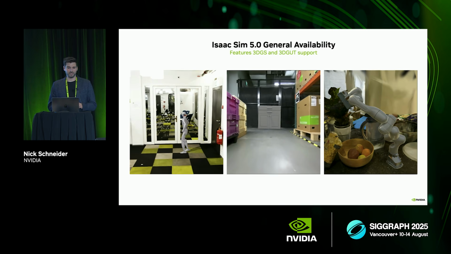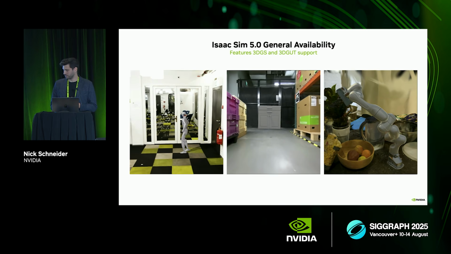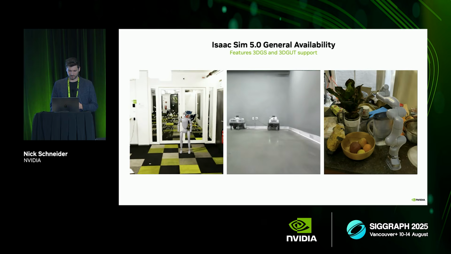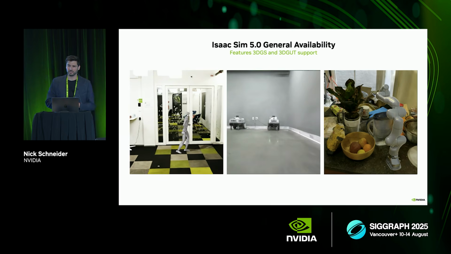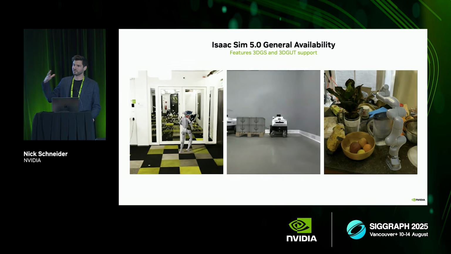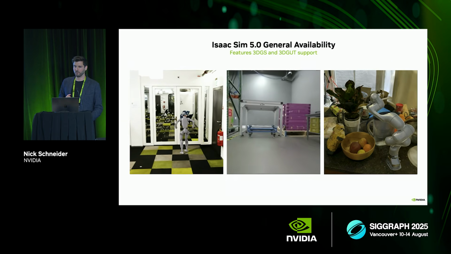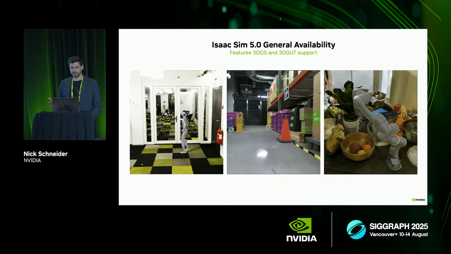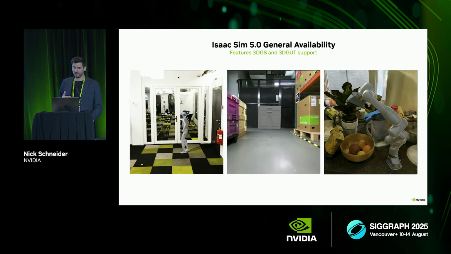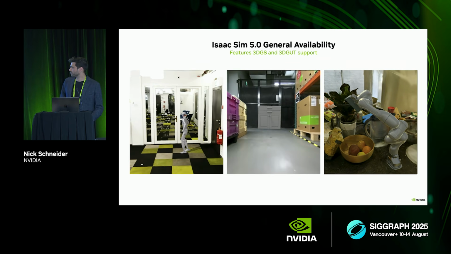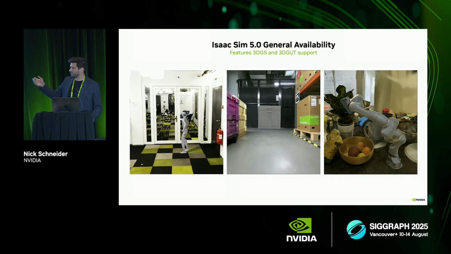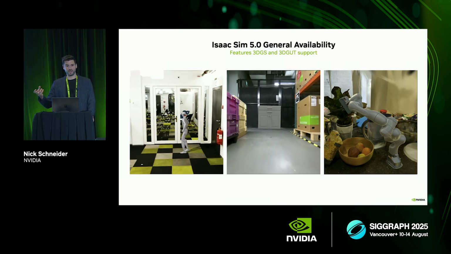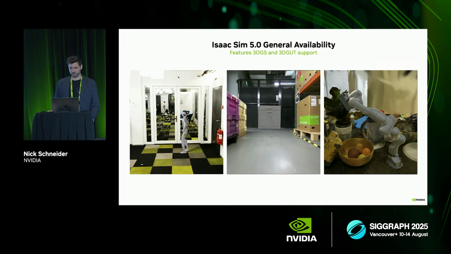You can see in the video, here in the middle, that it's now also possible to place objects into simulation, which allows the robots to interact and make sure to avoid those objects in simulation. And on the very right, you can also see a very new work where we interact with Gaussians and can manipulate those.